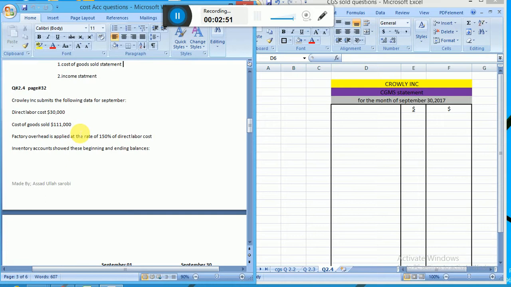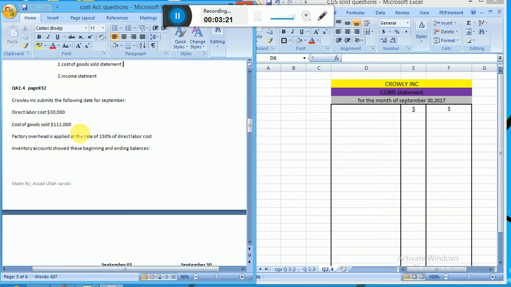The question comes to mind: why are we preparing the CGS statement even though CGS is given? Yes, CGS is given, but the remaining parts in the CGS, like cost of goods manufactured, or we can say manufacturing cost, are not given. So when that is not given, we need to calculate it.